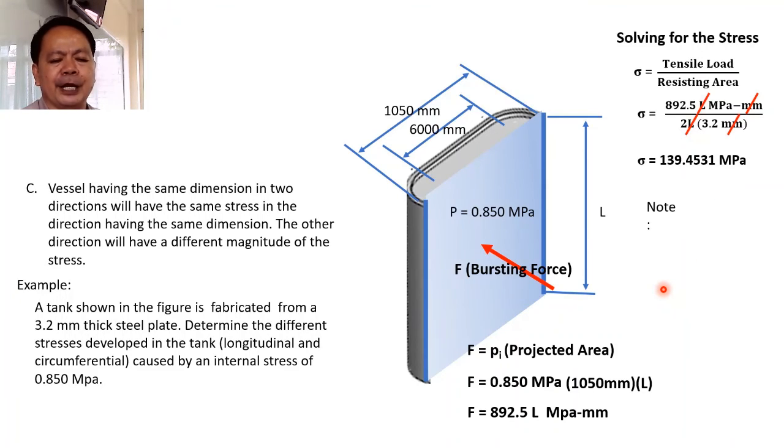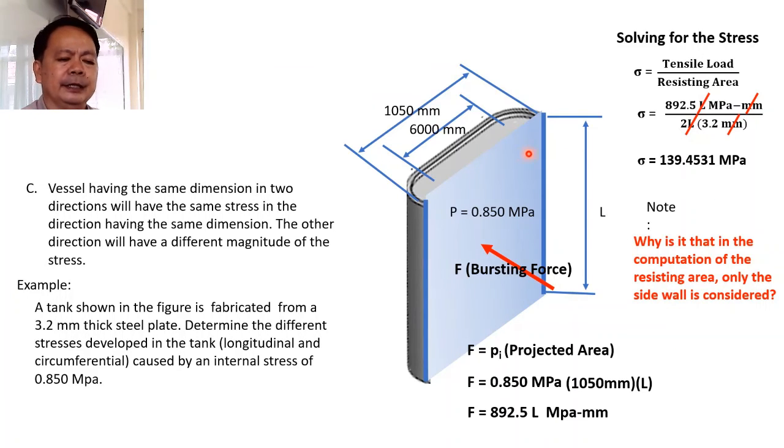With the same explanation that the thickness of the cover here is not considered in the computation, because it is assumed that this is ineffective or less effective in contributing to resisting the stress developed on the wall. It is assumed that it's only the wall that will carry the stress.